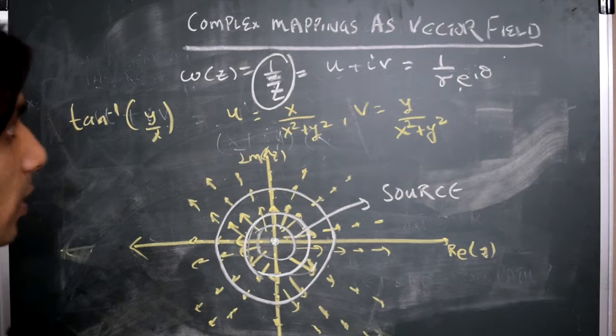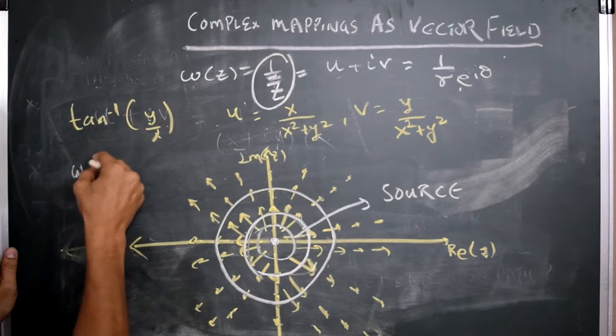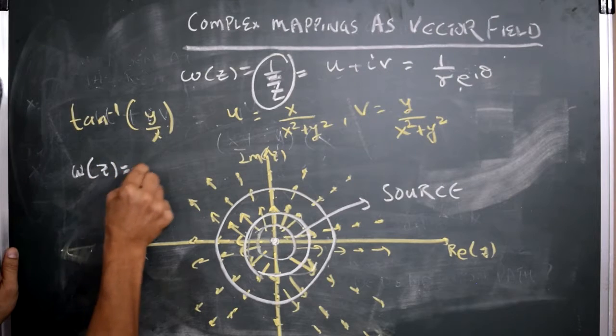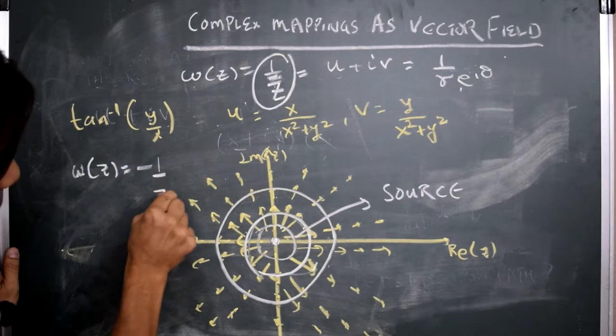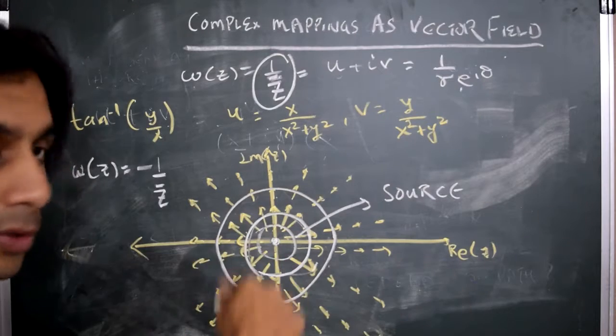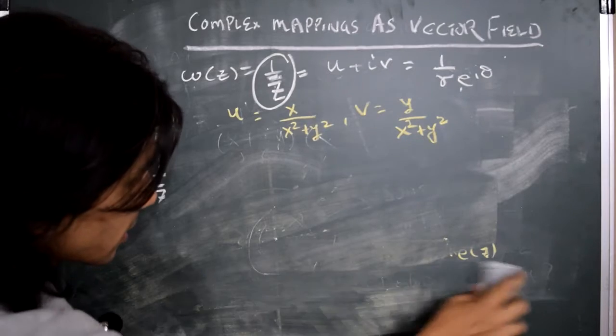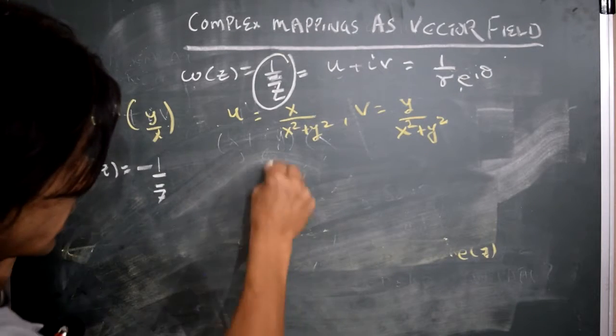Now, likewise, if you draw the vector field corresponding to the function w(z) equals minus 1 over z bar, we'll see that the vector field essentially looks the same, except that the direction of arrows is reversed at every point. So in that case, we get a vector field which will look like this.